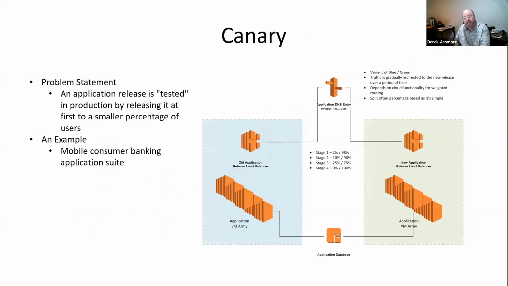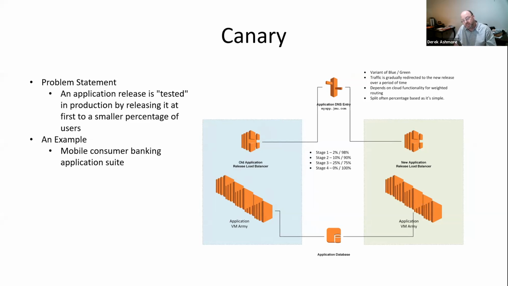Canary. And this is where I'll get some religious wars. I look at Canary as blue-green with one difference. And that difference is we don't do a night and day switch between release 1 and release 2.